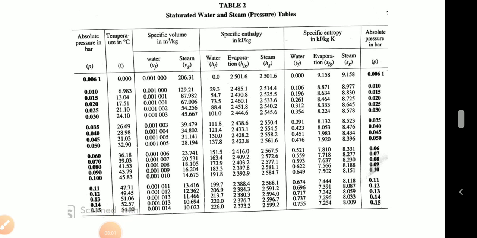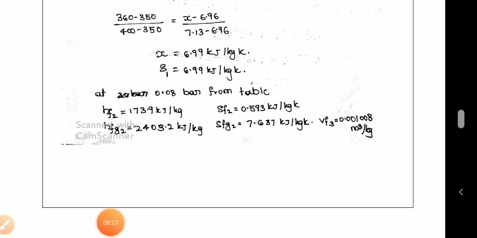Go to the pressure, which is 0.08 bar. Get the value of HF first. HF is here, it is 173.9. Similarly HFG is 2403.2 kilojoule per kg. Then get the entropy values SF and SFG. These are the values that we have taken from the steam table.